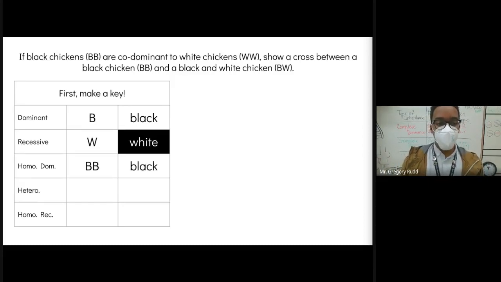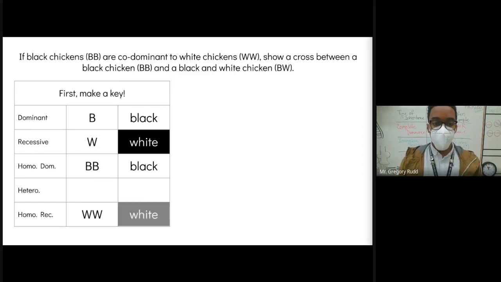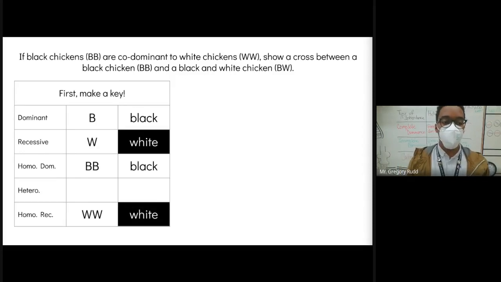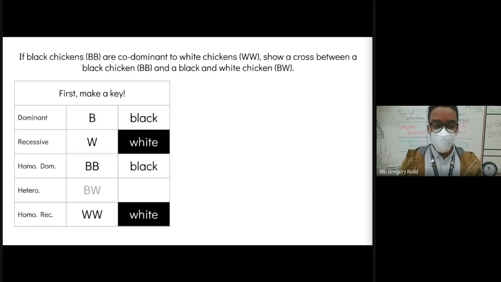Araceli, what's the homozygous recessive genotype? Two W's, good. And which phenotype does that correspond to? White. All right, JT, somehow you always end up with this harder one. What's the heterozygous genotype? BW. And which phenotype does that correspond to? Both black and white. Good.